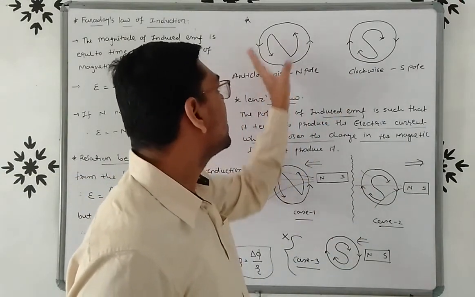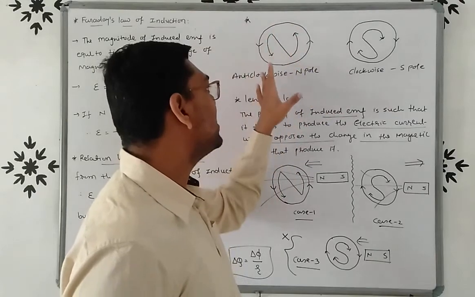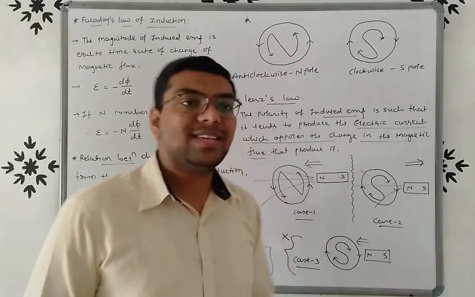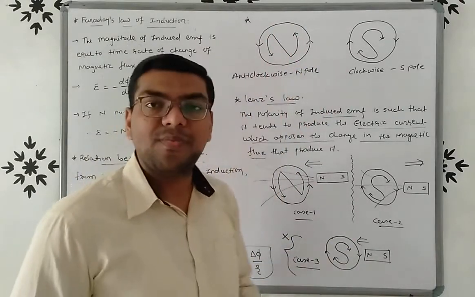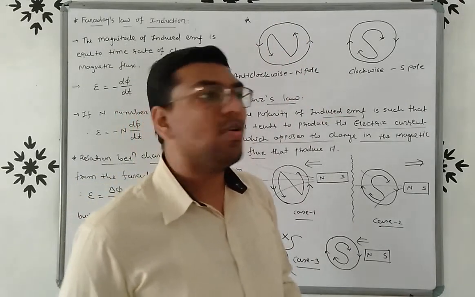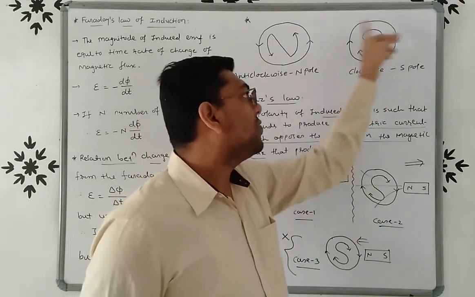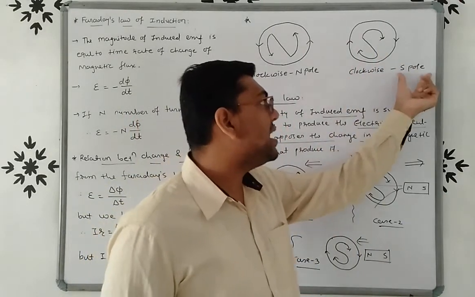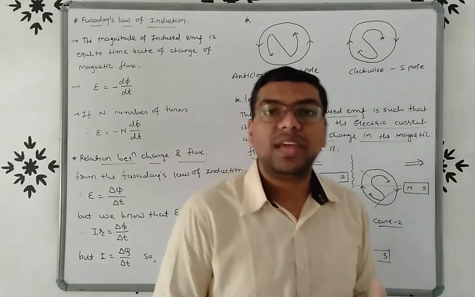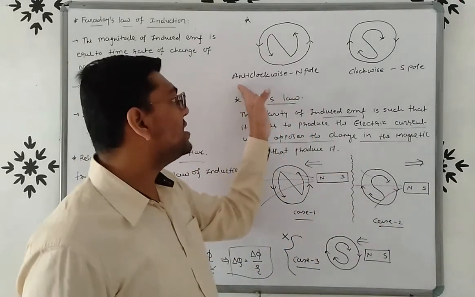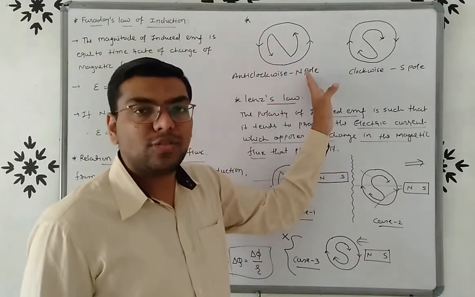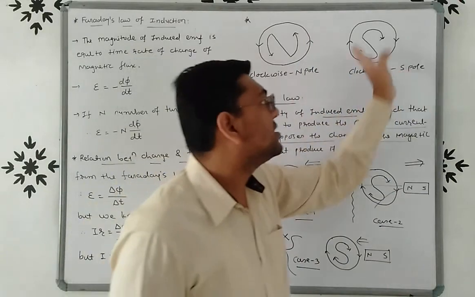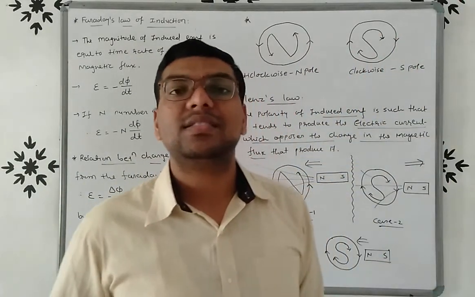If current flows in the anti-clockwise direction, then that side of the coil behaves as a north pole, and if the current flows in the clockwise direction, then that side behaves as a south pole. So if the direction is anti-clockwise, there is a north pole, and if it is clockwise, there is a south pole.